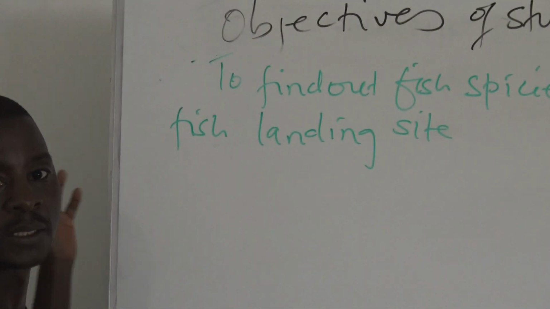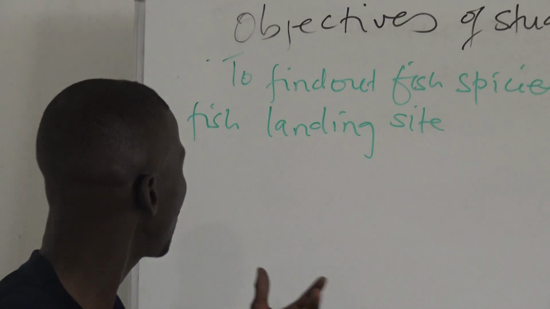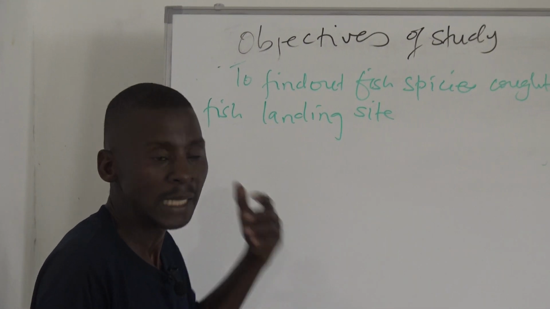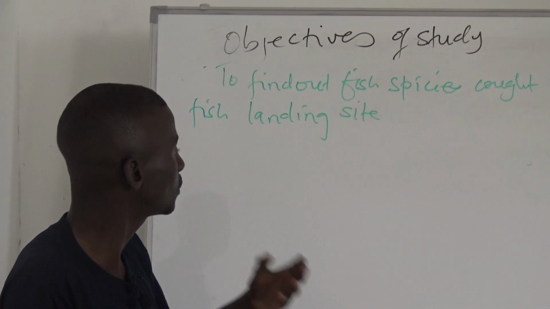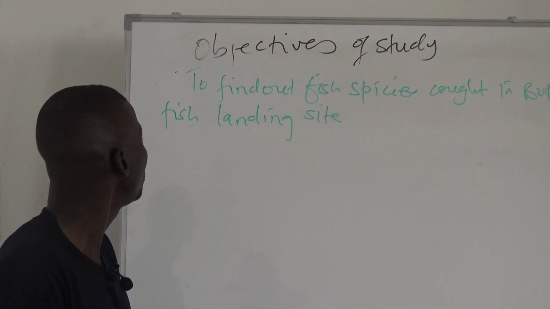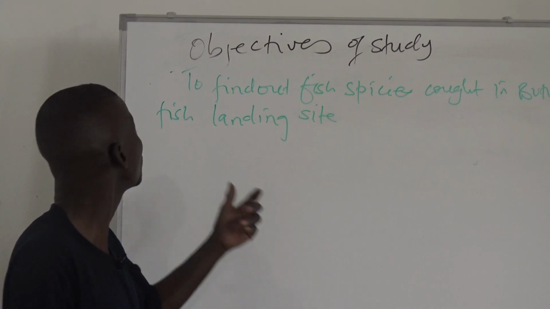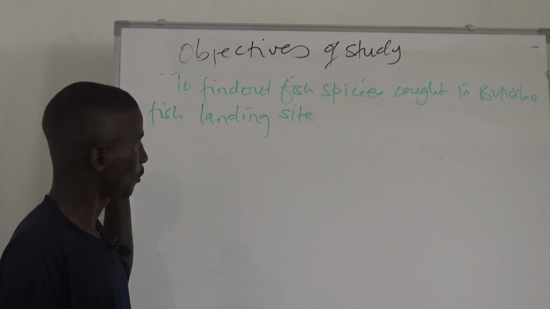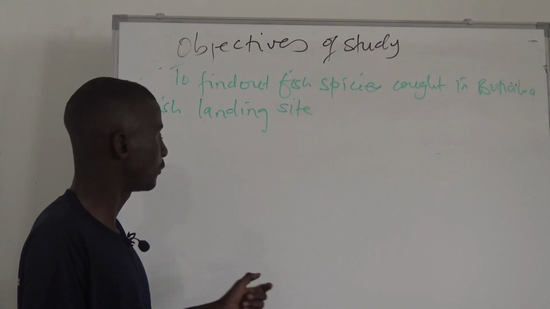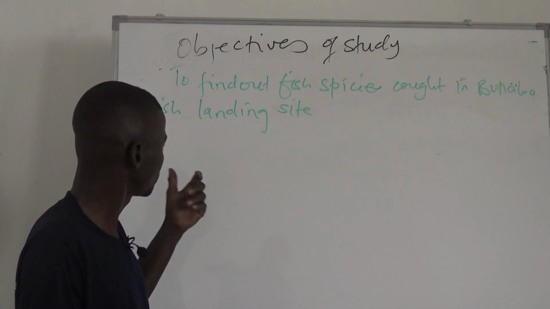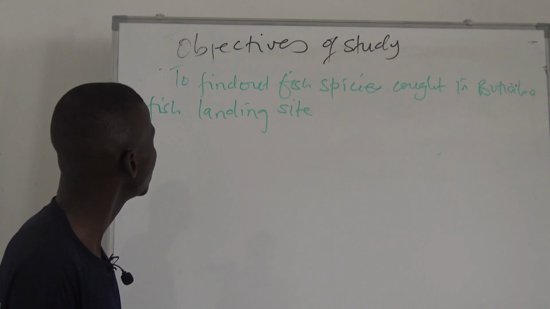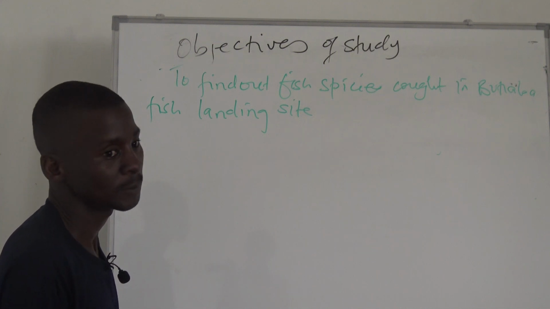As we have said, our field work is going to be carried out at a landing site where we expect fishing activities to be carried out. Then our main objective is to know the fish species caught in Butiaba fish landing site. That is the third objective of field work.